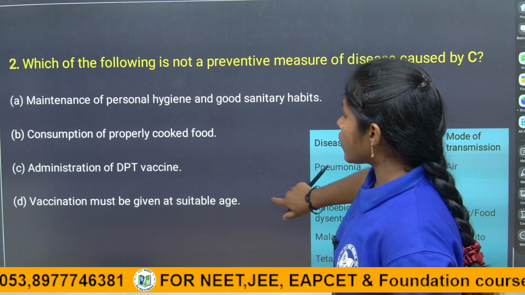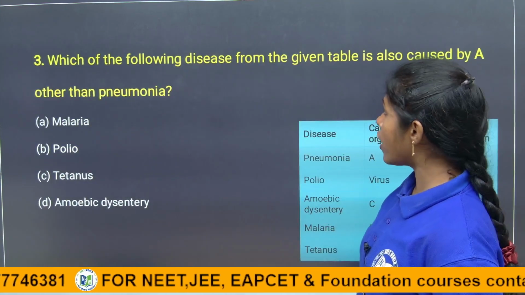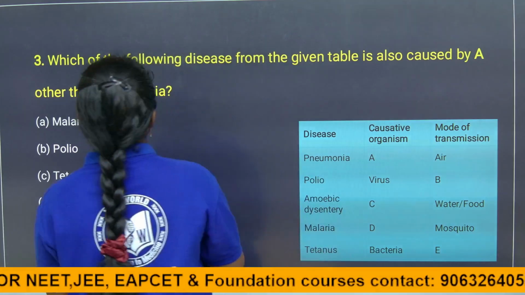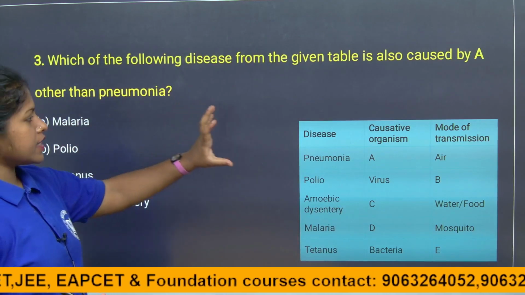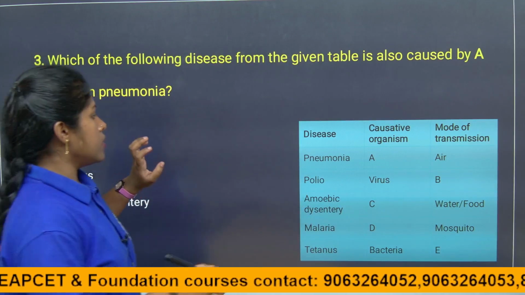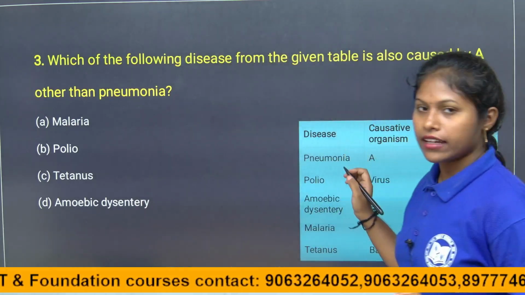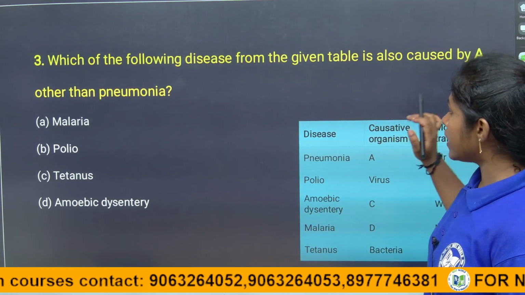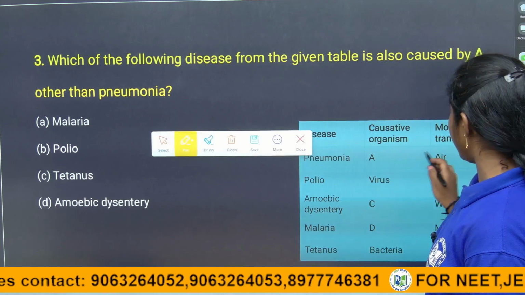Coming to the next question: which of the following diseases from the given table is caused by A other than pneumonia? In the given table, pneumonia is caused by bacteria; the causative agent of pneumonia is bacteria. So they are asking about A, which is bacteria, we know that.